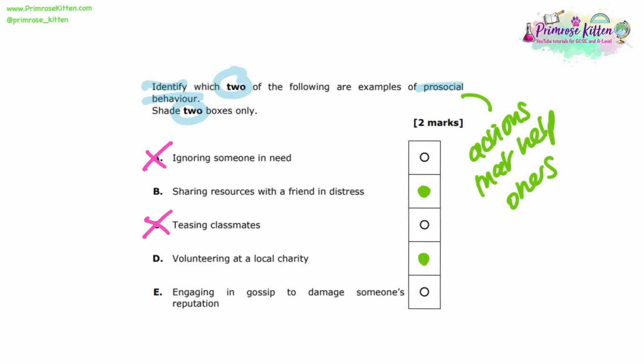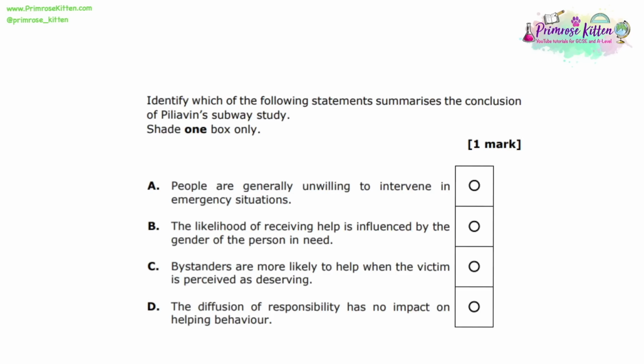Option E, engaging in gossip to damage someone's reputation, again is a form of antisocial behaviour. It involves spreading negative information about others, which again is contrary to the positive and helpful nature of prosocial actions.